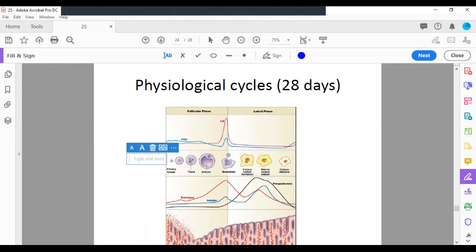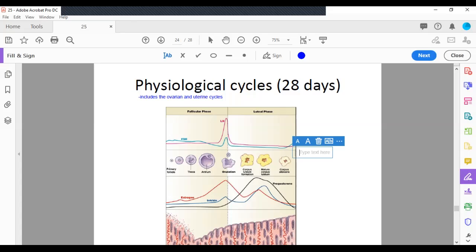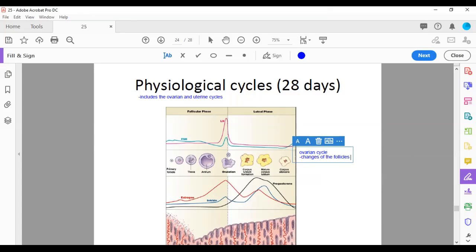A physiological cycle includes the ovarian and uterine cycles. The ovarian cycle examines the changes of the follicles within the ovary.